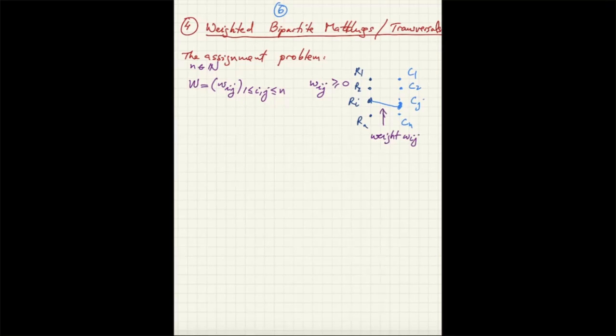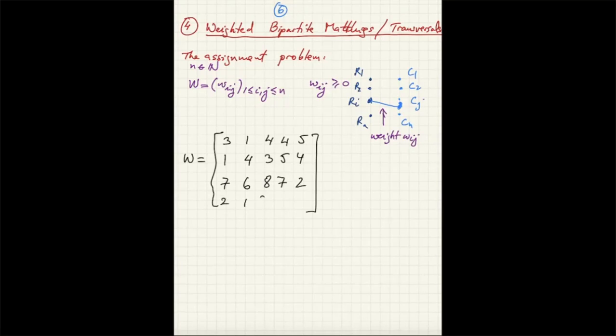Let me give you a matrix W. Let's think about this one. 3, 1, 4, 4, 5. 1, 4, 3, 5, 4. 7, 6, 8, 7, 2. 5, and 6, 3, 2, 8, 7.